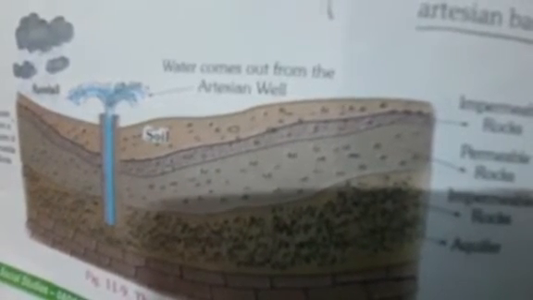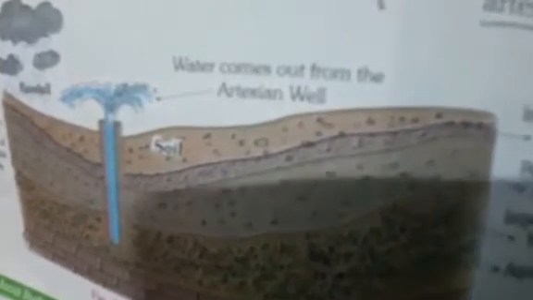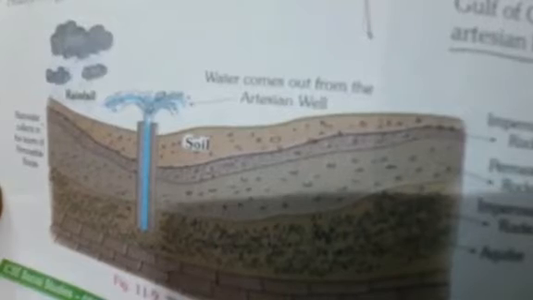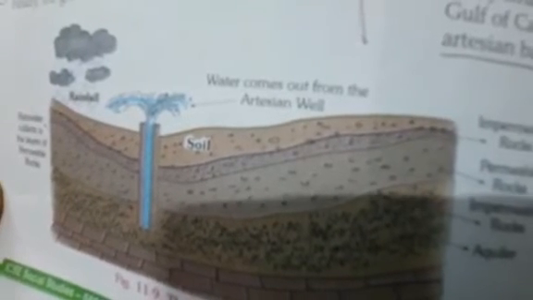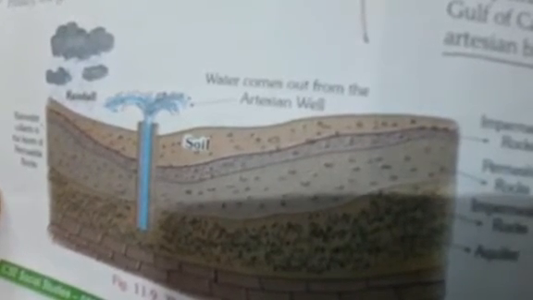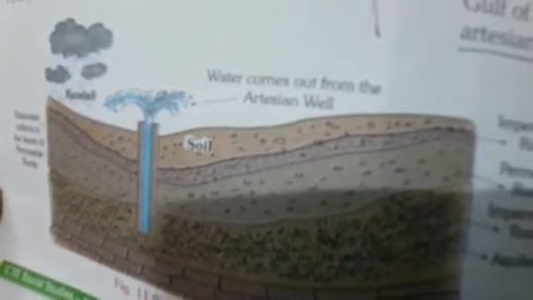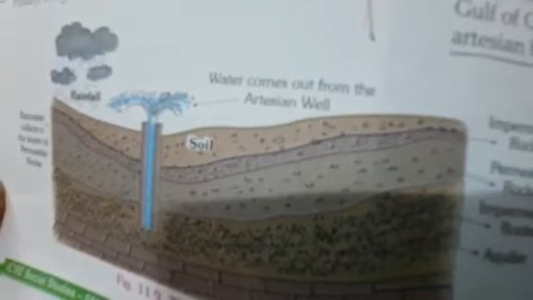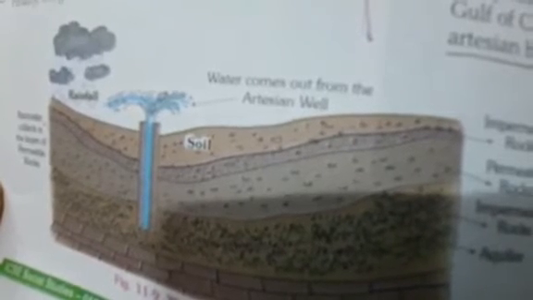From there, the water continuously comes out onto the outer surface of the earth. So in this way, the formation of a well is called an artesian basin or artesian well.